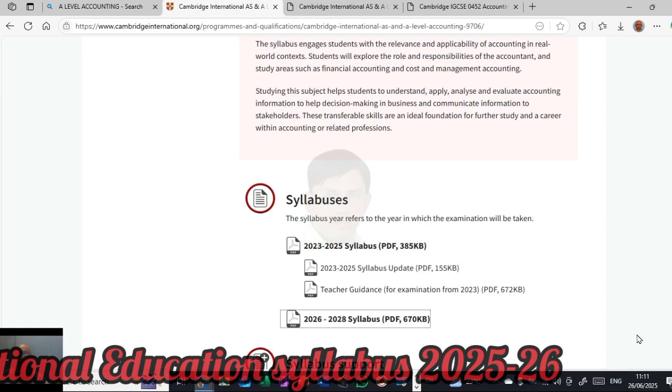Yes, you can use 2025 books, 2023 books. You can use the previous books also for reference, and all the concepts are almost similar. So there may be small changes, which will be incorporated in the new syllabus. So you don't have to worry much. You will gradually learn.